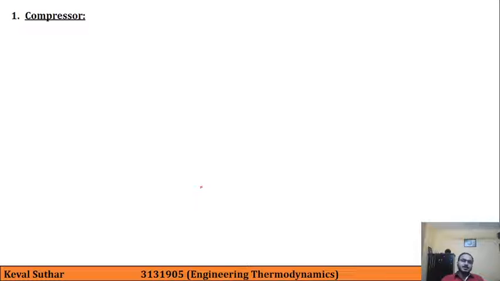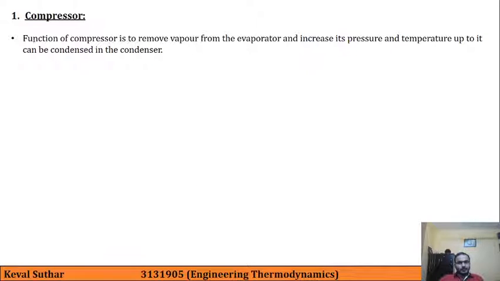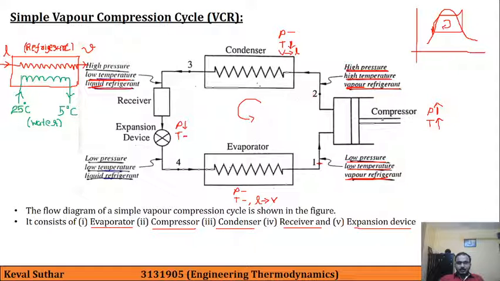So now let's discuss the various components of this cycle. First is the compressor. The function of the compressor is to remove vapor from the evaporator and increase its pressure and temperature up to a level where it can be condensed in the condenser. So here, if you recall, it takes the vapor from the evaporator and compresses it to condenser pressure.